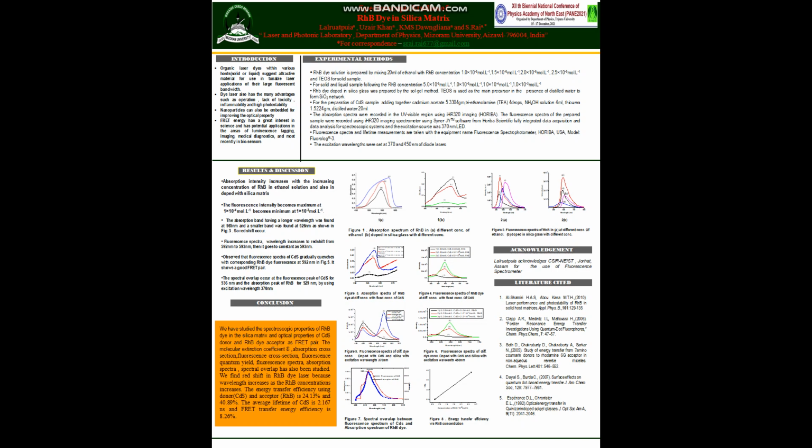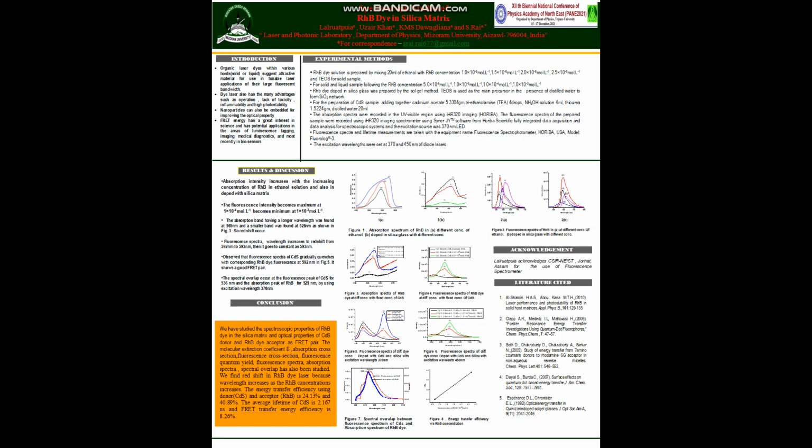And for the preparation of cadmium sulfide, we add together cadmium acetate, triethanolamine, NH4OH, thiourea, and distilled water. The absorption and fluorescence spectra were recorded in UV visible region using HORIBA imaging spectrometer and Synergy software.